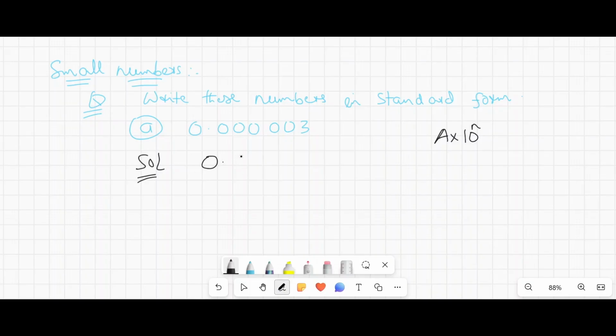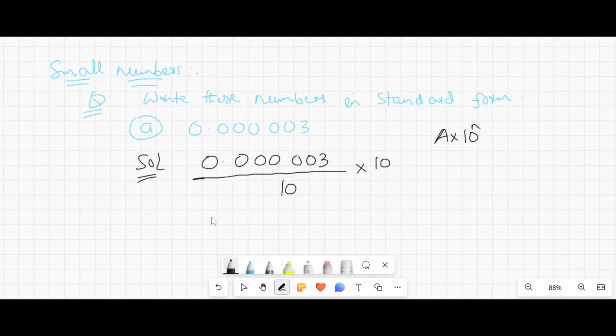When you are converting this into a standard form, you are basically dividing this number with 10. So we are dividing with 10 and multiplying with 10.